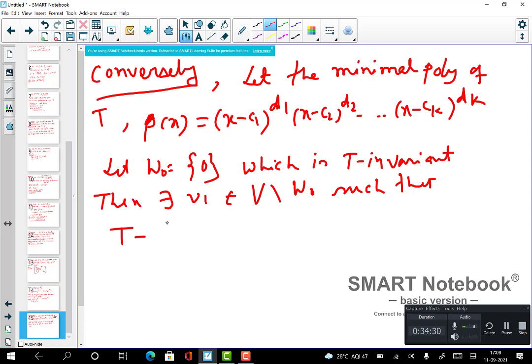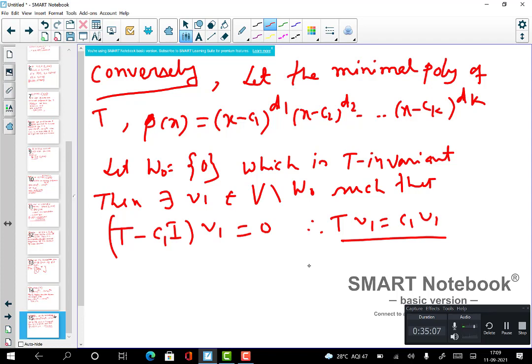Cj is one of the eigenvalues of this linear operator T, so maybe I can write c1 only. So what does that mean? That means v1 is an eigenvector for T with respect to this eigenvalue. You can write T v1 equals c1 v1.